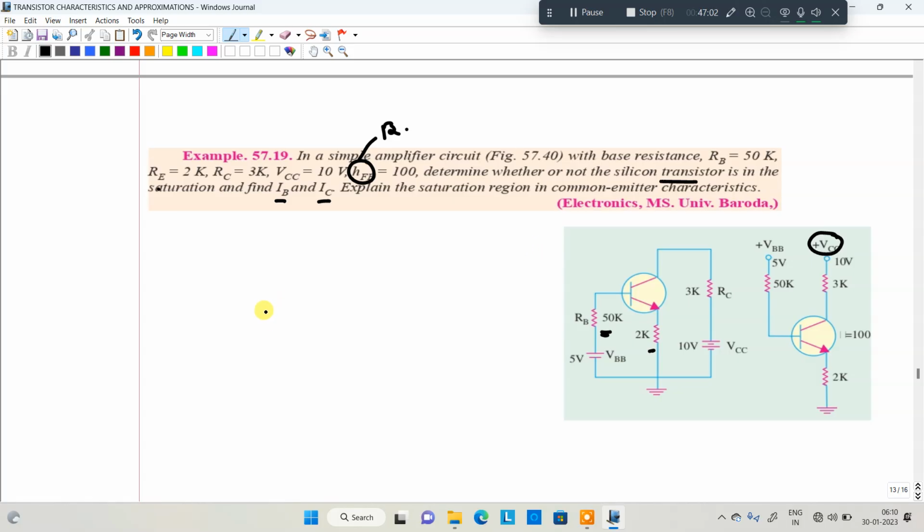First look at here. To find out the VCE, first write the formula: VCC is equal to IC into RC plus VCE plus the entire IE RE in this particular case.